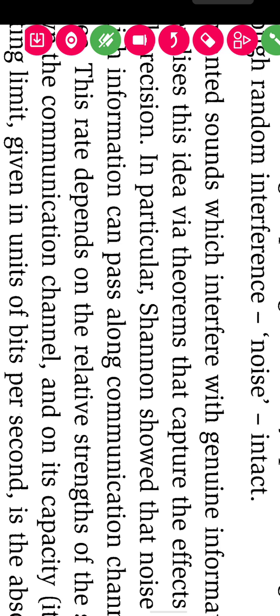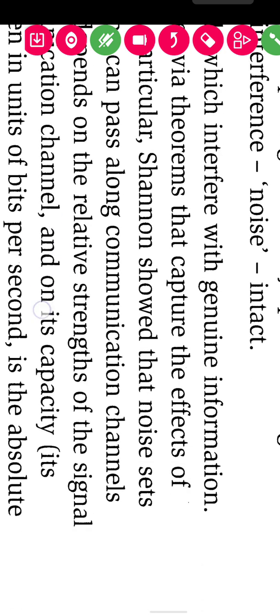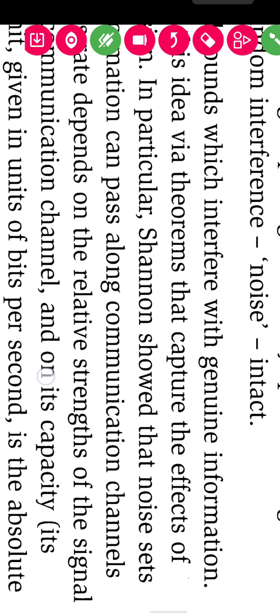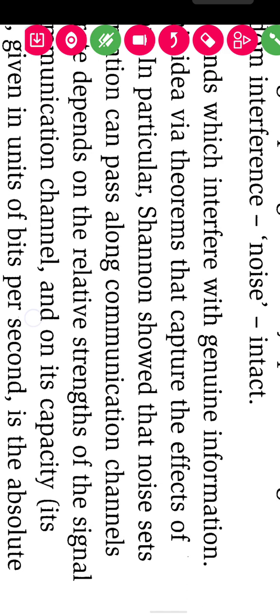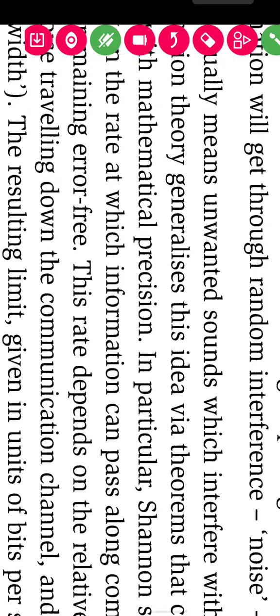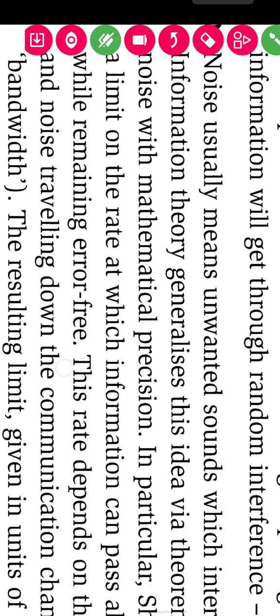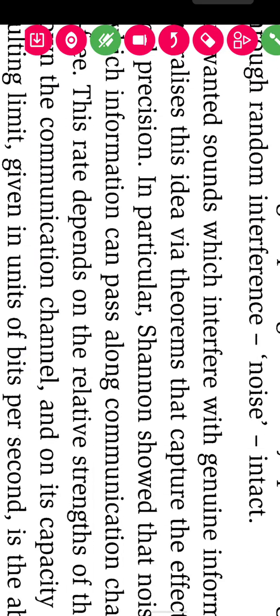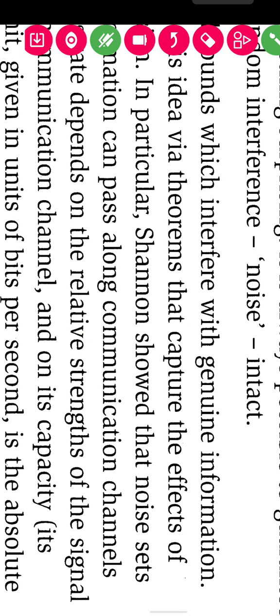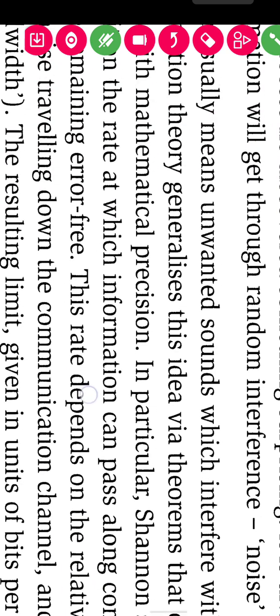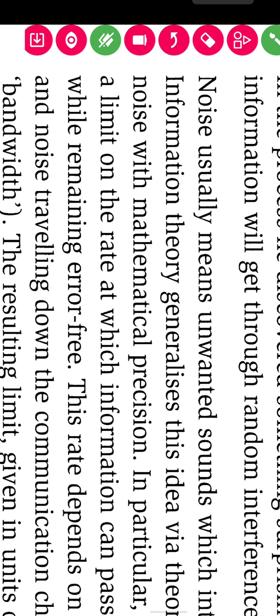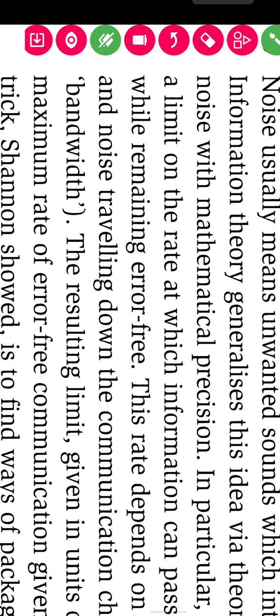The rate depends, we will read from here and we will get the answer. The rate depends on the relative strength. So strength is mentioned, as we already read about the noise. Now it is mentioned about the strength. The rate depends on the relative strength of the signal and noise traveling down the communication channel, and on its capacity, its bandwidth.